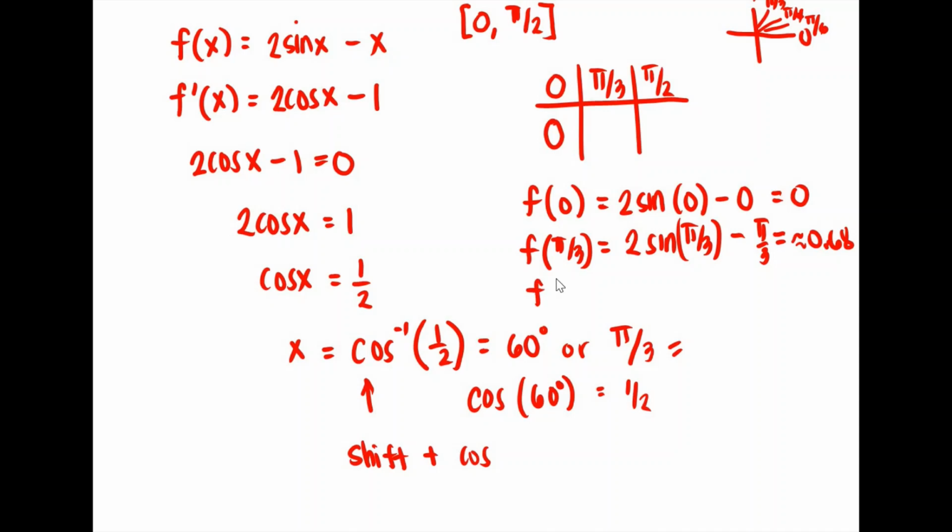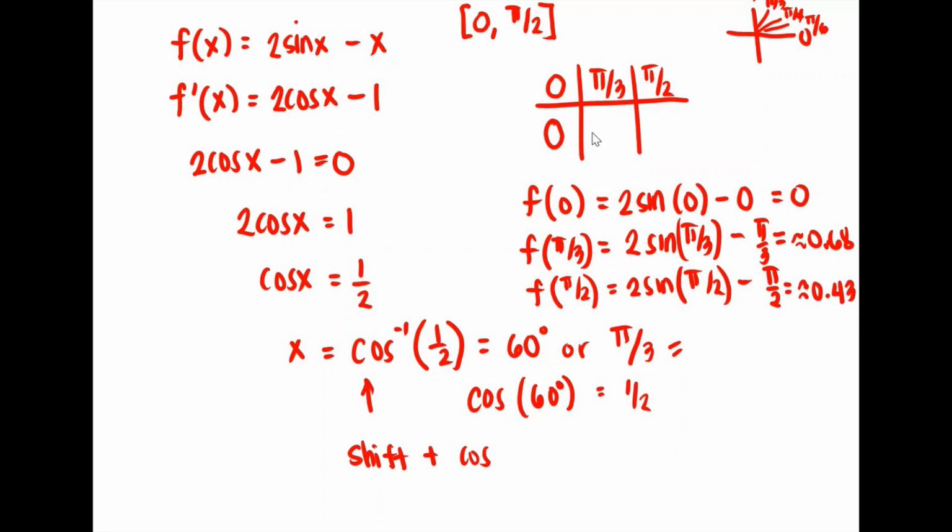And when we have f of pi over 2 equal to 2 sine pi over 2 minus pi over 2, that is equal to approximately 0.43.